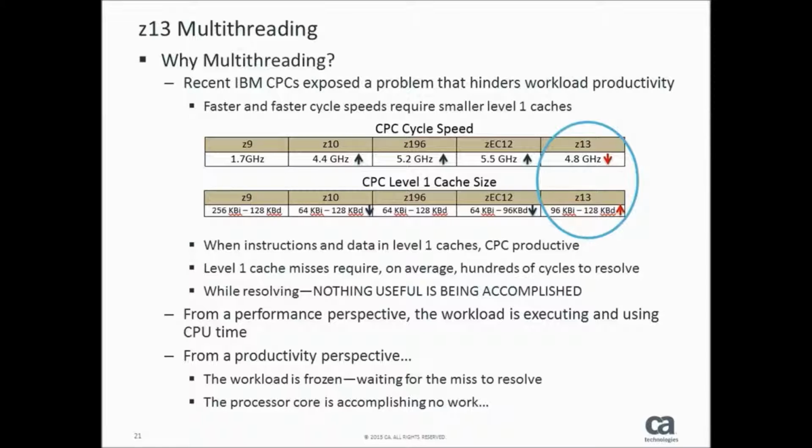So when there were 1.7 billion machine cycles per second on the Z9, and the chip technology and memory technology they had at that time for the level 1 cache, they had to limit the size of these caches to 256 and 128 kilobytes to meet that design objective.